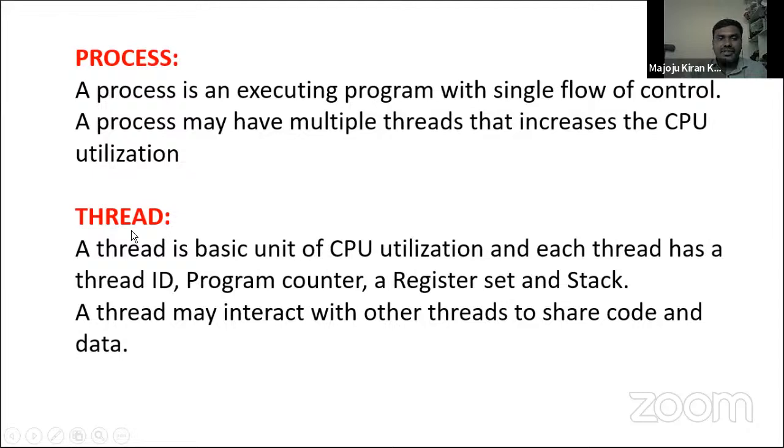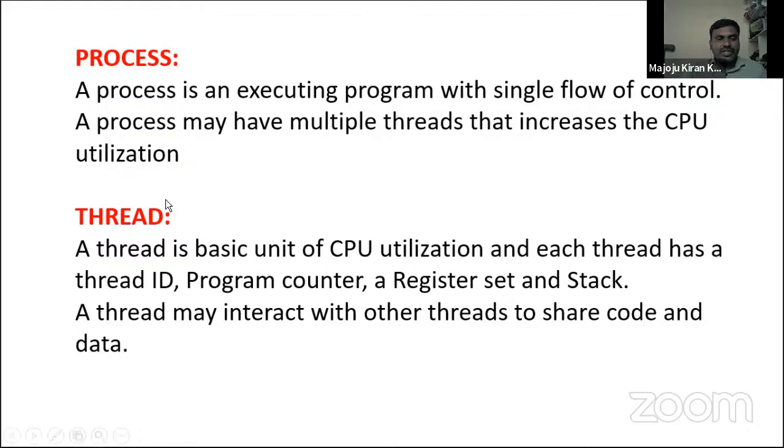Sometimes one thread may share data with another thread, and it may share the logic or code with another thread. So this is called inter-thread communication. The major purpose of multi-threading is to increase the CPU utilization.